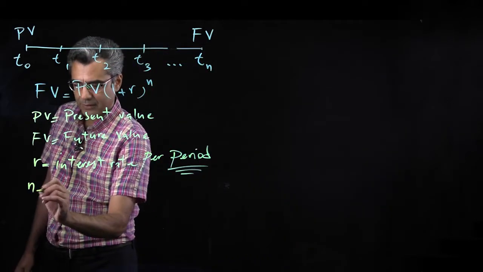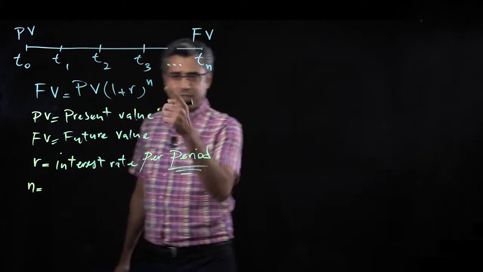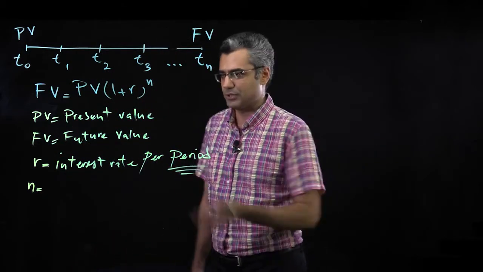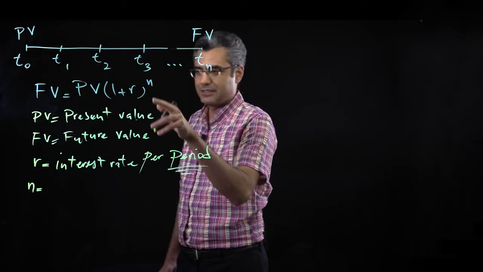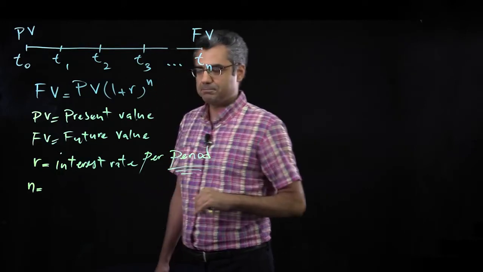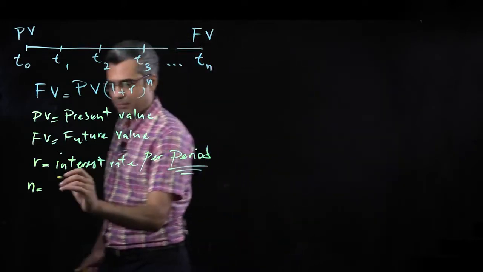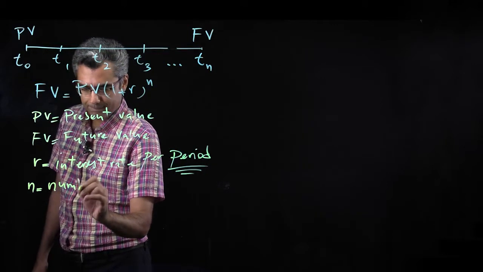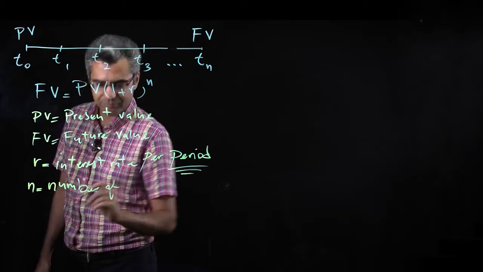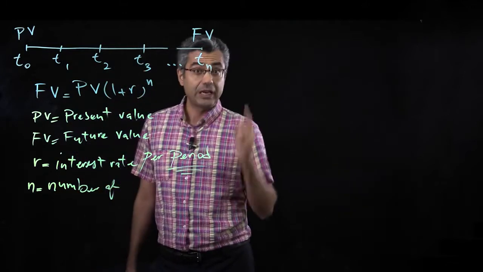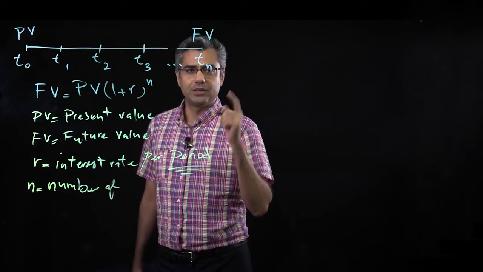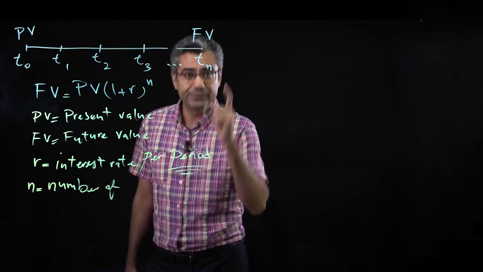And then N. What is N? Or in some textbooks they write T, or whatever you are interested, you can put it here, but there should be something here as the power. So what is N? N is the number of what? Number of years? No. Number of periods.